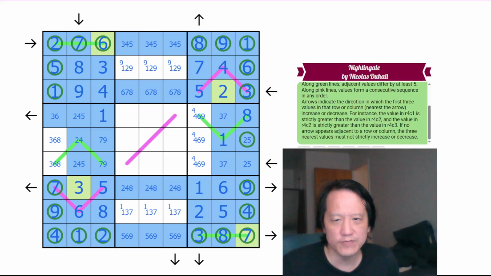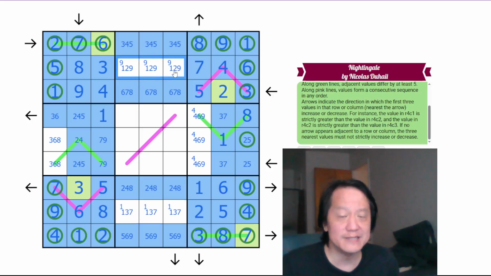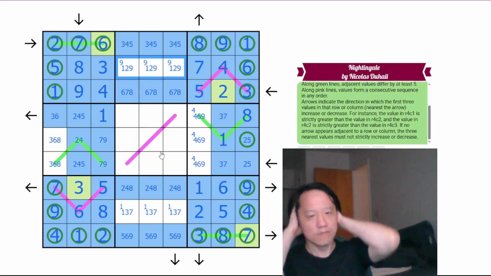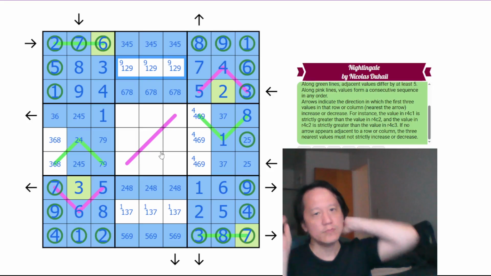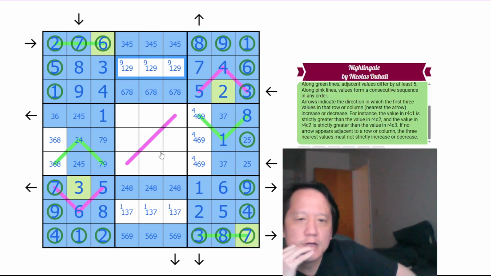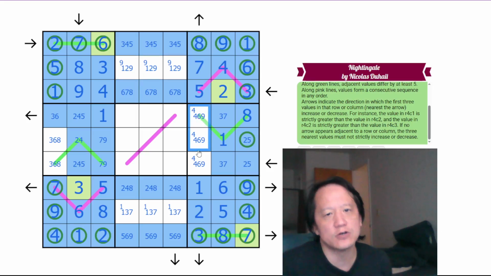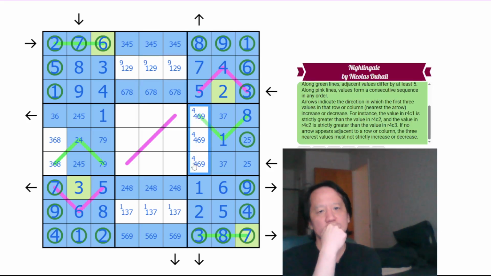So that's already valid. 9 is going to be doubled here. So that's satisfied. The 4 is doubled. So the values here are 6, 8, and 9.